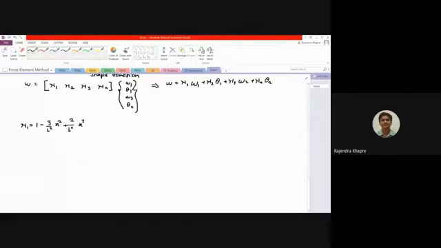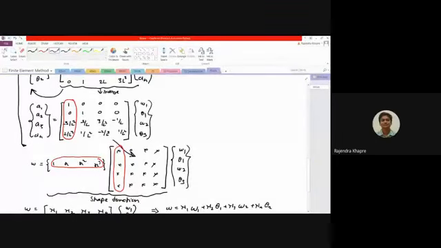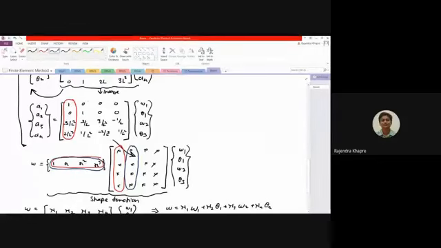Let me write down the value of N2 also now. So for the N2 value, all we have to do is take a product of this matrix, the same matrix, because it will remain the same, and this will be multiplied with this particular column.